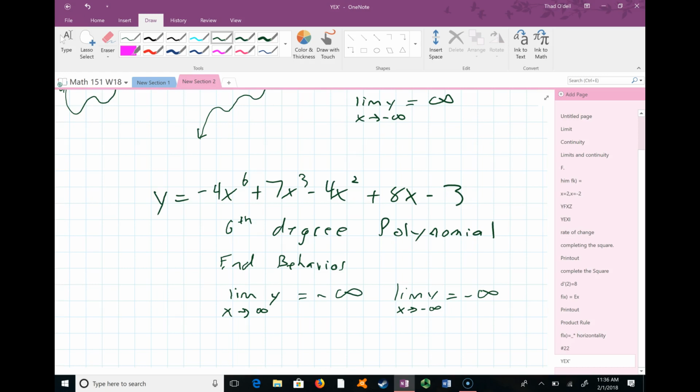So when I look at a big long polynomial like this, as far as end behavior is concerned, all I have to do is look at the highest powered term, and check whether it's negative or positive, and whether it's even or odd. And just from that, I can come up with end behavior.